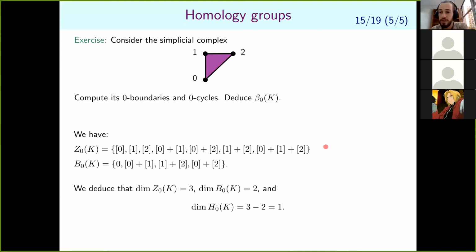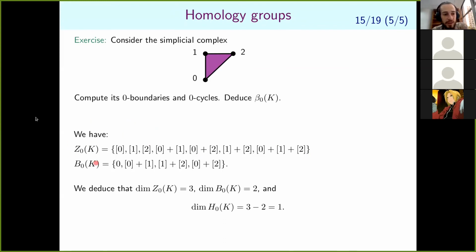Oh yeah, actually, each zero chain is a cycle because I defined the boundary operators on the zero chains as the zero map.